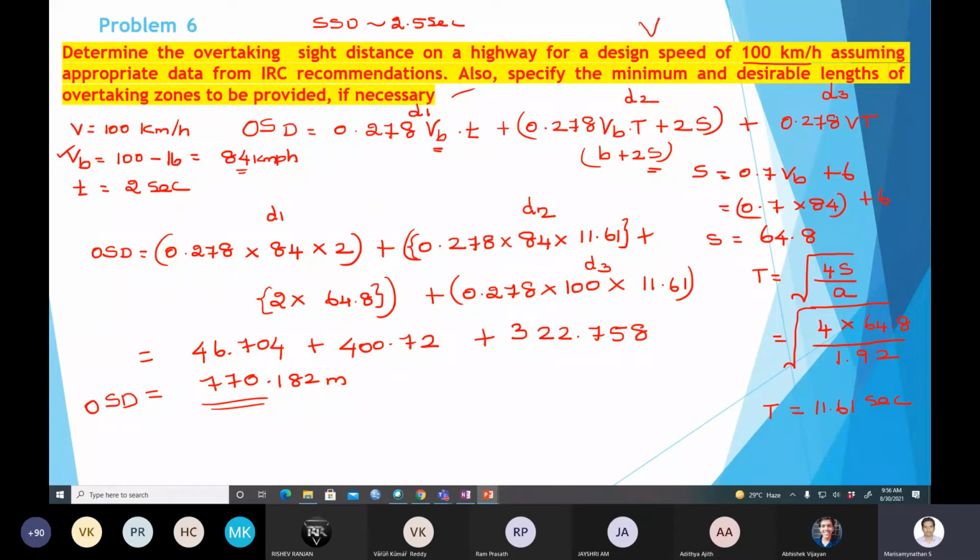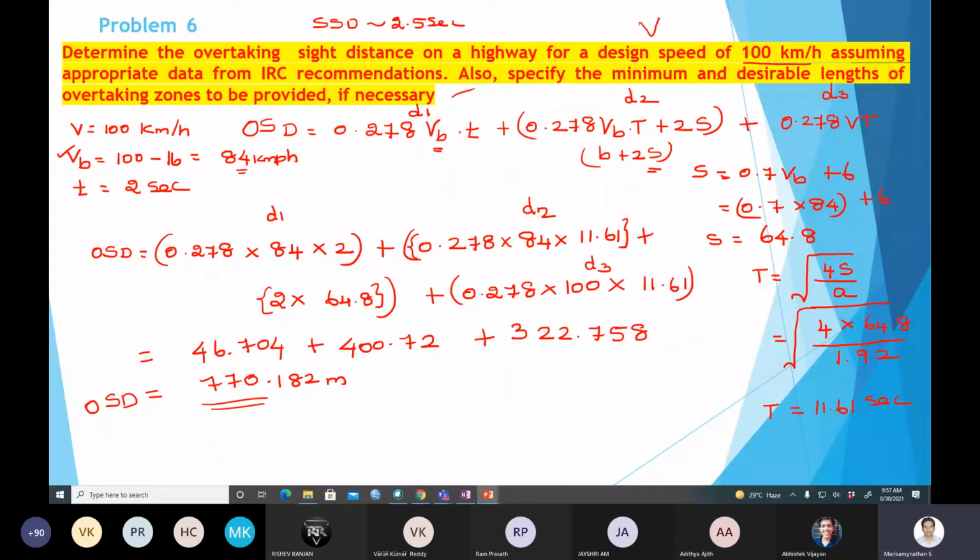You might have seen this signboard in India while traveling on some arterial or sub-arterial roads. That exclusive overtaking zone is defined with respect to the minimum overtaking length and the maximum overtaking length, that is, the minimum overtaking zone value and the desirable overtaking zone value.